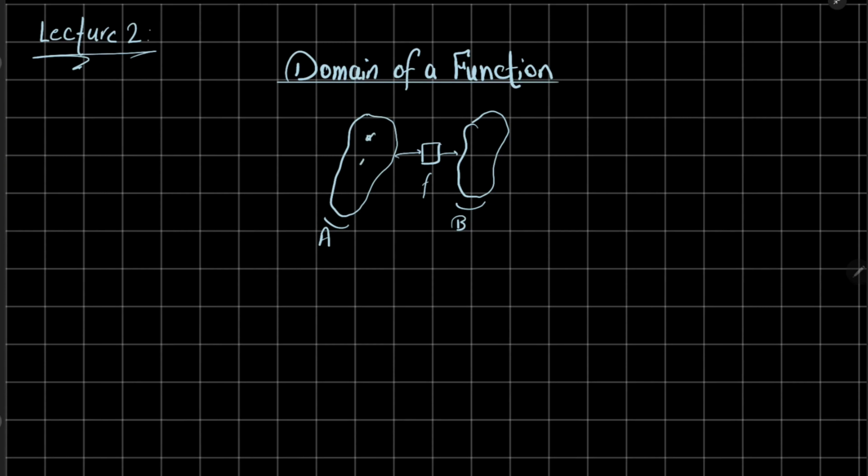A contains the pre-image elements of the function, and they are often called X, and they are the pre-images of the function, while B contains the image of the function, and they are often called Y. By this representation, now we can annotate f in the following.